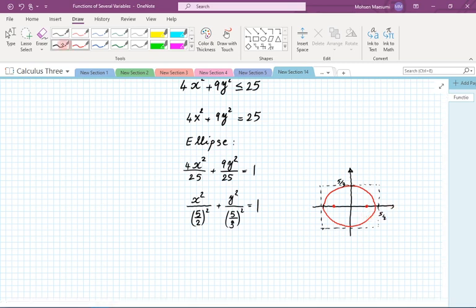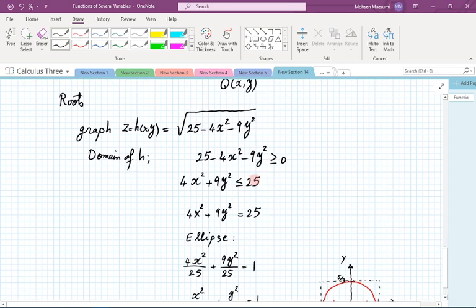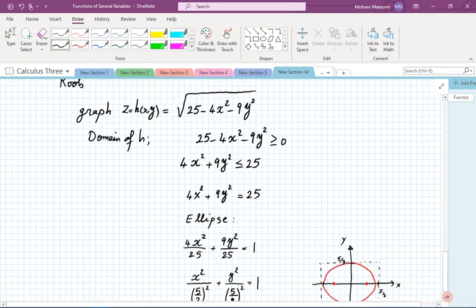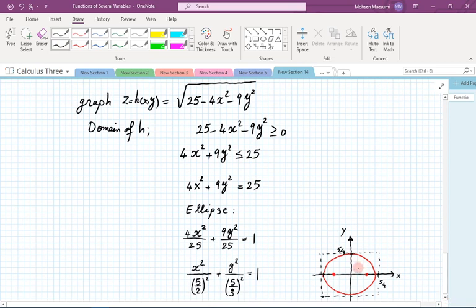So what is it that we want from this graph? We say our domain is set of x and y's that are less than this quantity. So where do you think I should be? Inside of this for 4x squared plus 9y squared to be less than 25, or should I be outside?